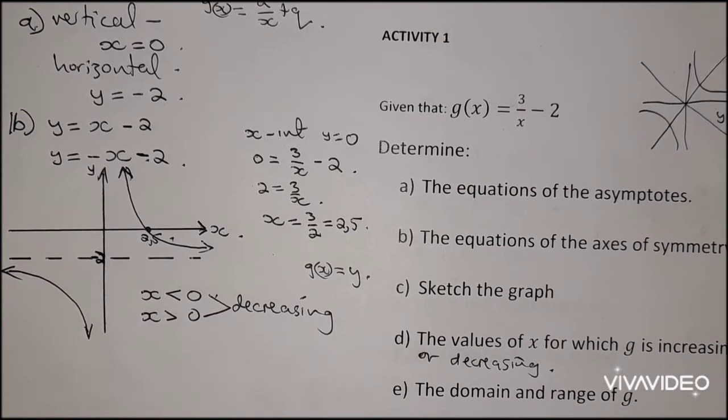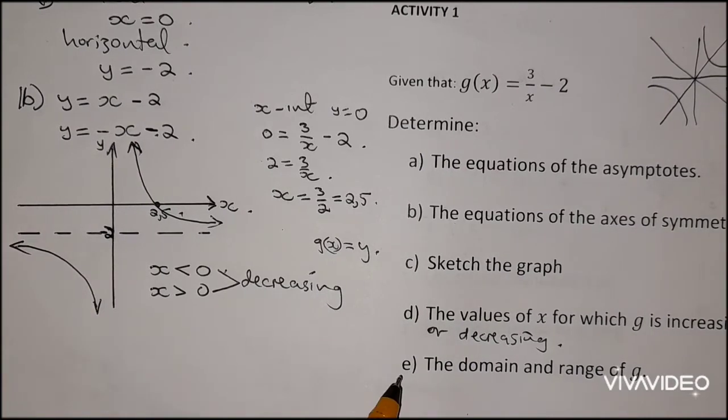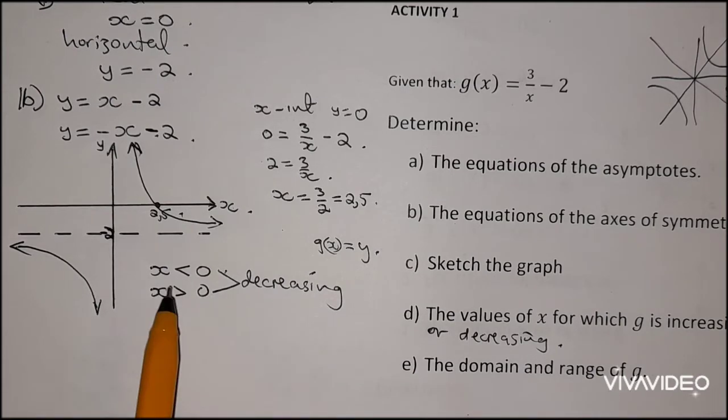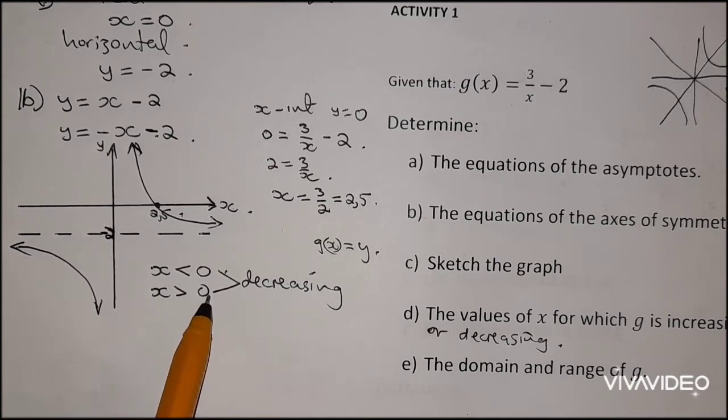And the last question here, we want the domain and the range of g. Okay, are we done with this one? We are not yet done with this one. It is decreasing for x less than 0 and x greater than 0.